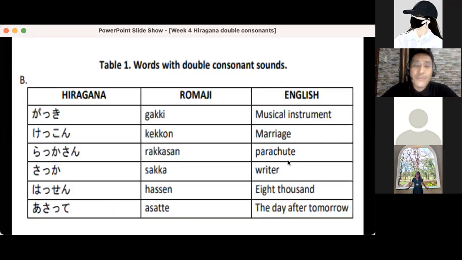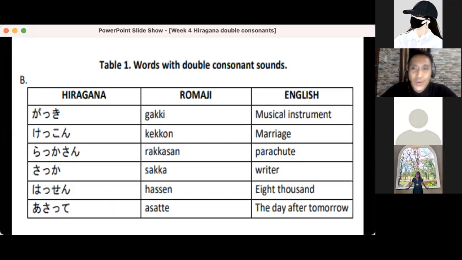So, meron tayong mga salitang double consonants yung tunog, no? Kaya pag binabasa natin, may maliit na ts. Pag sinabi natin may maliit na ts, magpo-prolong tayo ng konti ng sound. Halimbawa, gaki, kekkon, rakkasan, sakka, hassen, asatte. So parang ganun yung tunog.